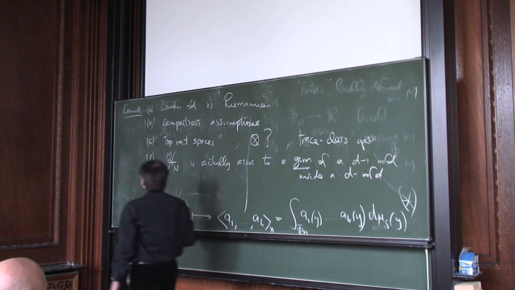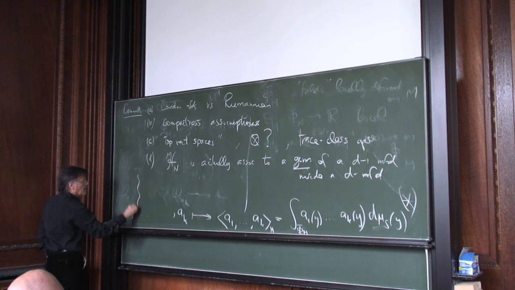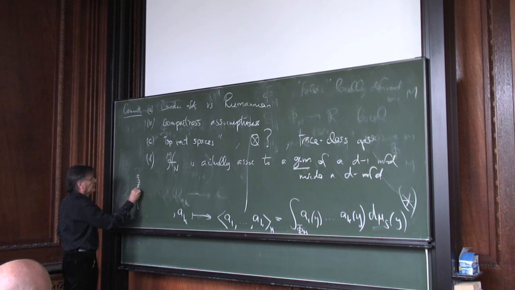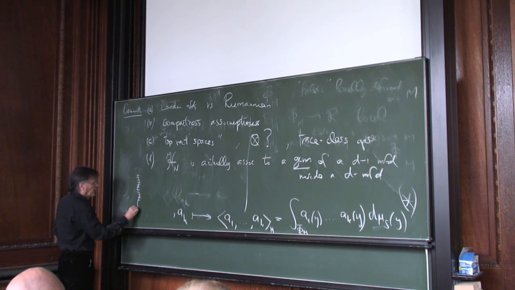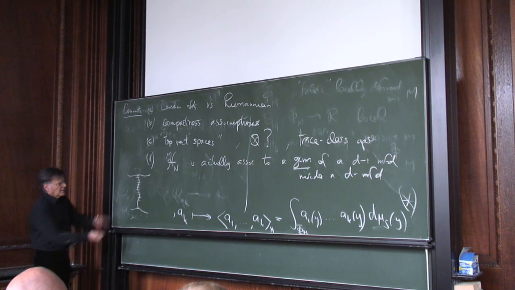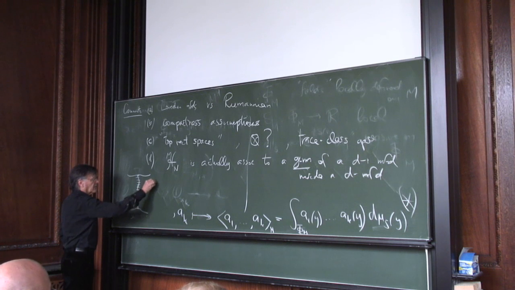In other words, one should think of N not quite in the way that I drew it, but as a little neighborhood of a codimension-one thing inside a D-dimensional manifold.